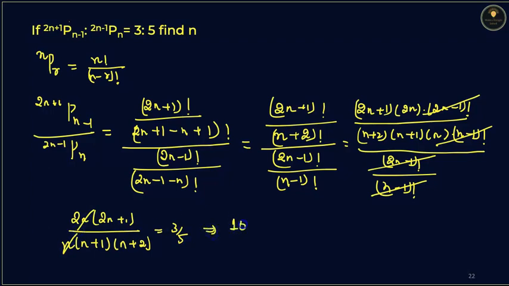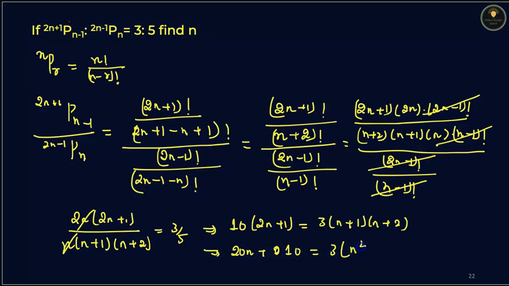You will get 10 into (2n plus 1), that is equal to 3 into (n plus 1) multiplied with (n plus 2), and that's how you will get 20n plus 10 equal to 3n square plus 9n plus 6.